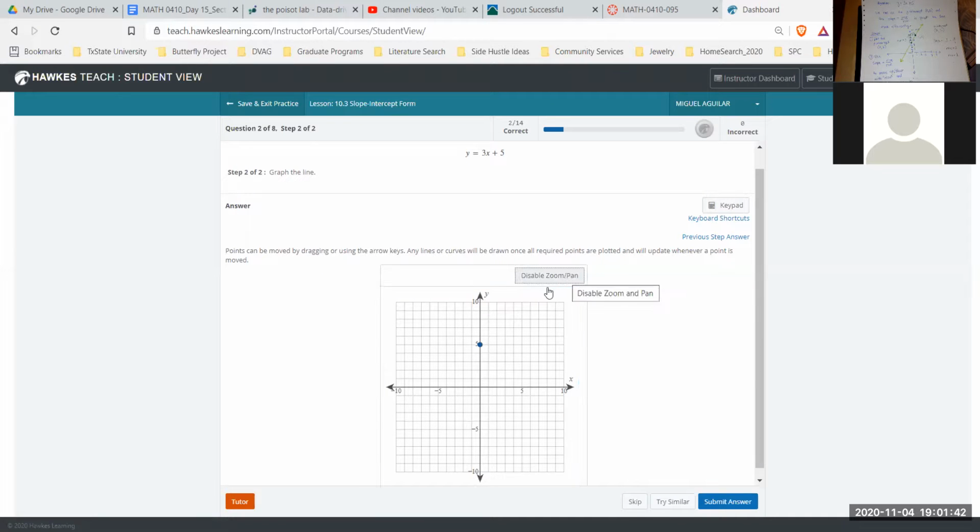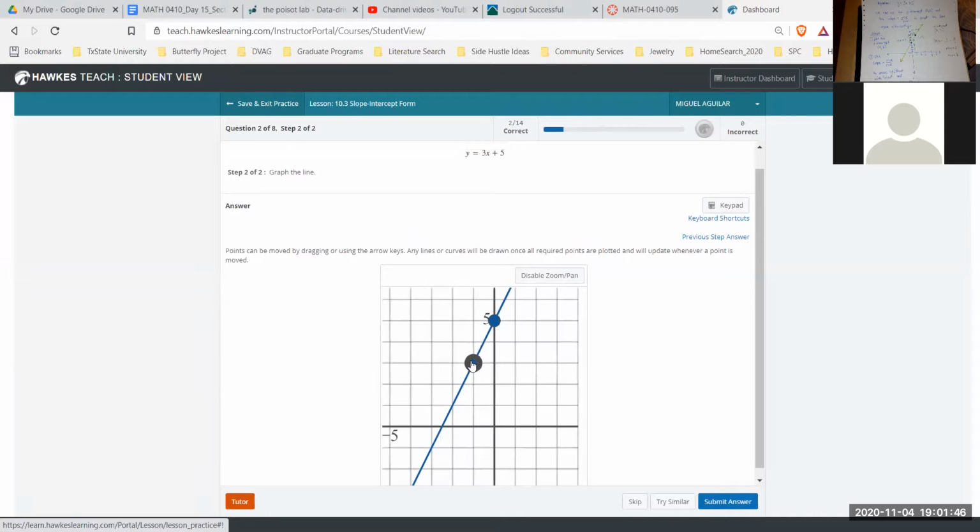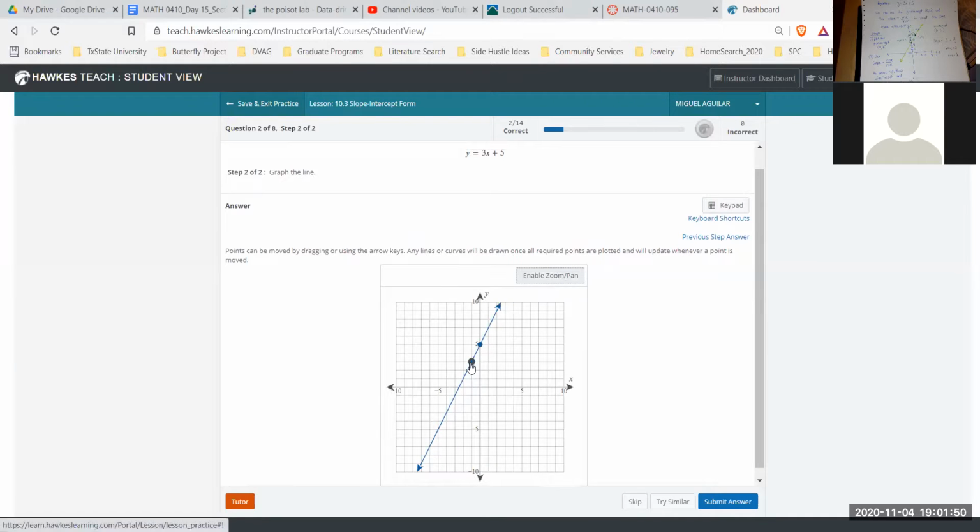You can zoom using this by double clicking, and I can disable the zoom to get out of there. If you put the point in the wrong space, like I accidentally did, you can just grab it and drag it somewhere else.